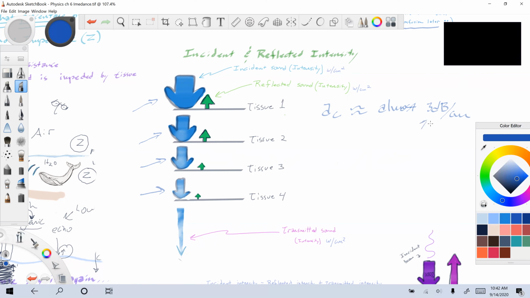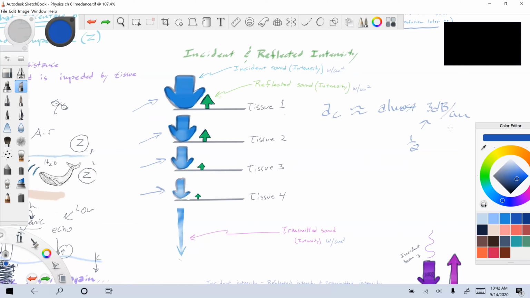Remember, that's the same as saying 1/2 or -1/2 because we're losing half of our energy every centimeter, more or less. Remember, it depends on frequency. It's actually frequency divided by 2.